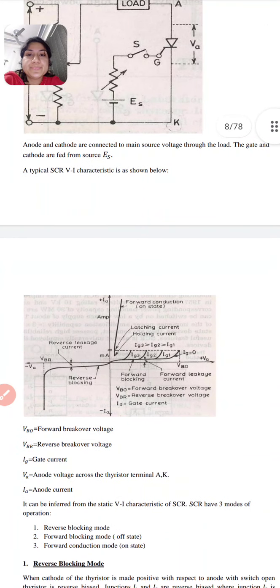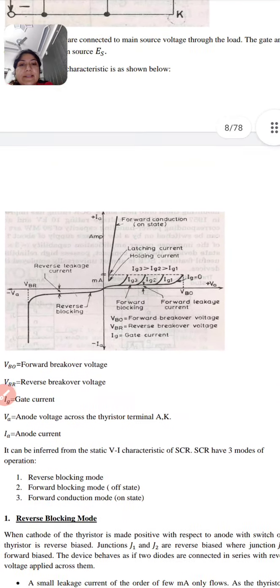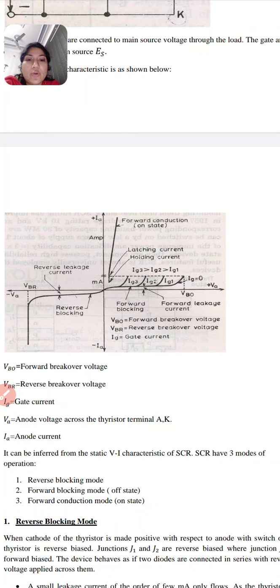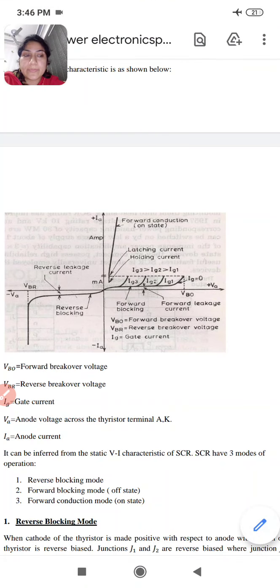Now this is the characteristics of SCR. When you apply a positive forward bias, when the SCR is in forward mode and you increase the voltage, there will be no current conduction in the SCR until VBO, the breakover voltage. Till this limit the SCR will not operate. When you increase the voltage beyond VBO, the SCR will start conducting.